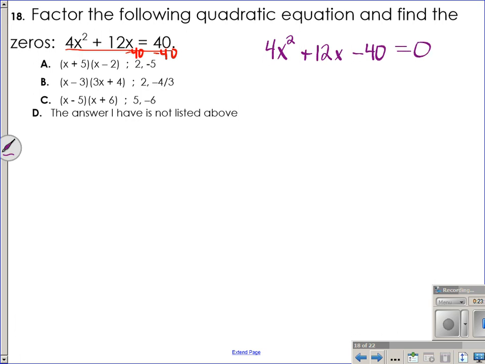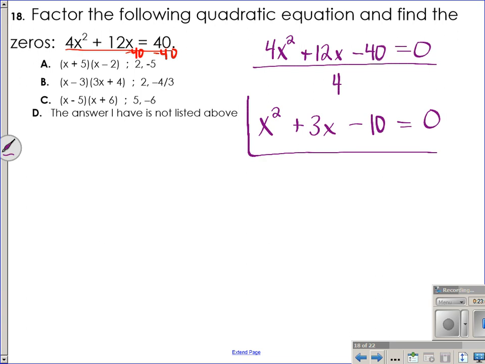Okay? The second thing I'm looking at is all of my terms are divisible by 4, which is our leading coefficient. So I'm going to divide everything by 4 to make it a little bit smaller. So 4 divided by 4 is 1x squared. 12 divided by 4 is plus 3x. Negative 40 divided by 4 is minus 10 equals 0.